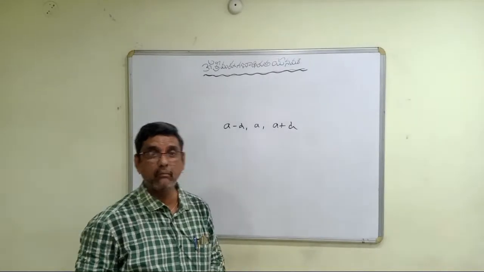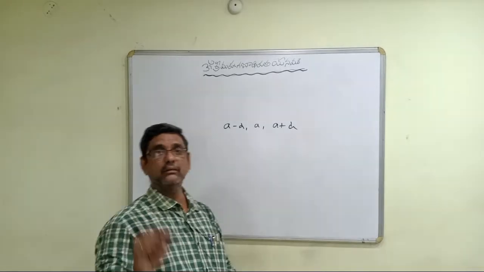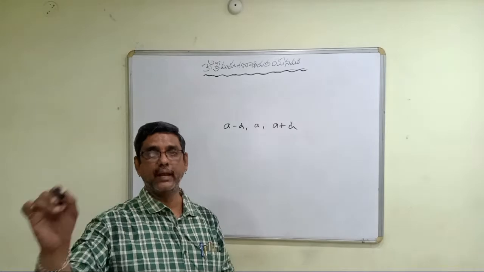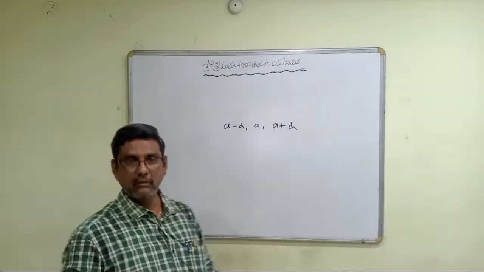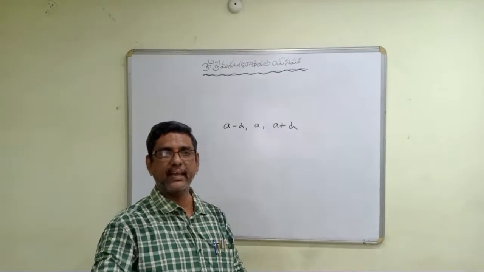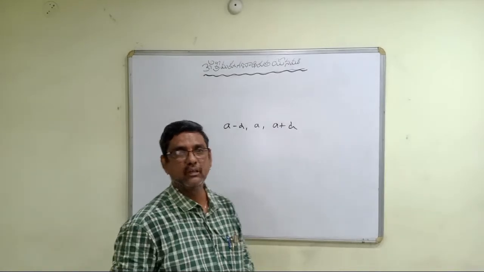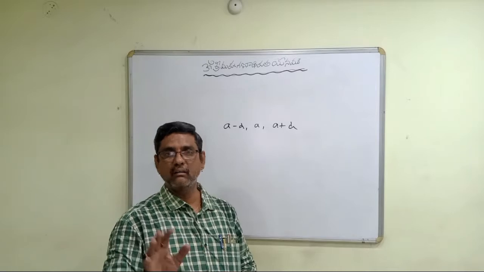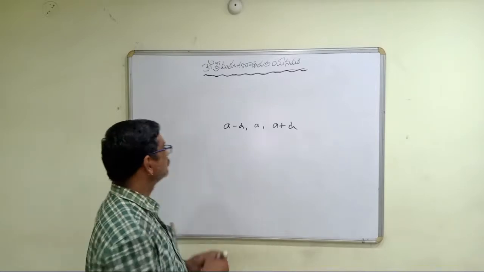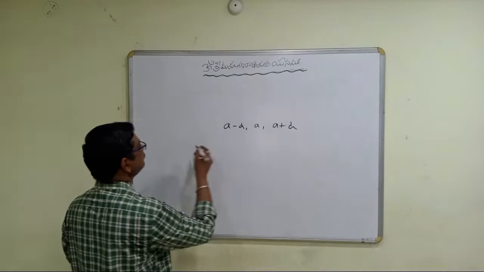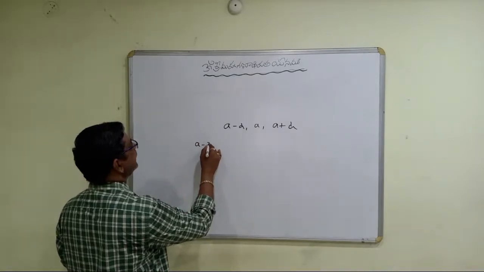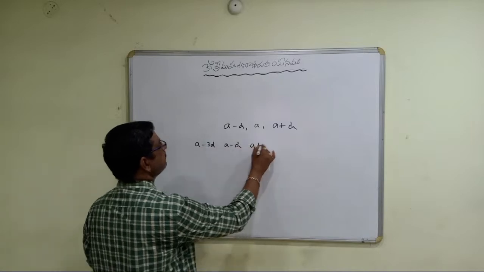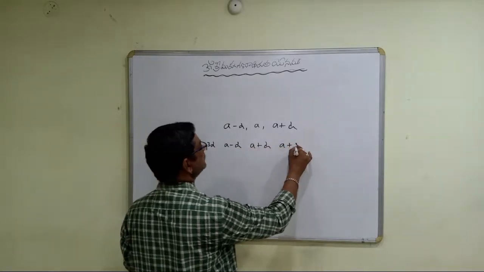If a problem is asked on three terms of an AP. Suppose, in the problem that I gave in the morning, there are four terms in an AP whose sum is 28. So what do we have to consider? The first four terms: a minus 3d, a minus d, a plus d, a plus 3d.